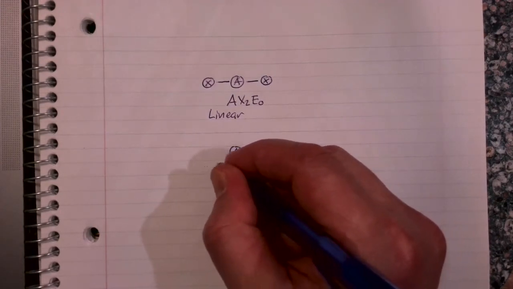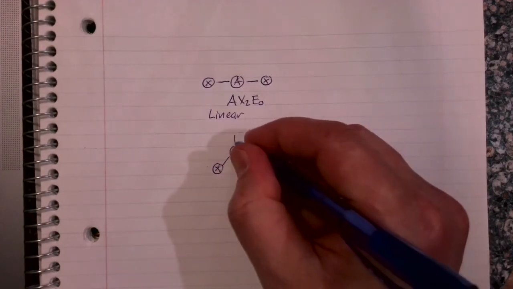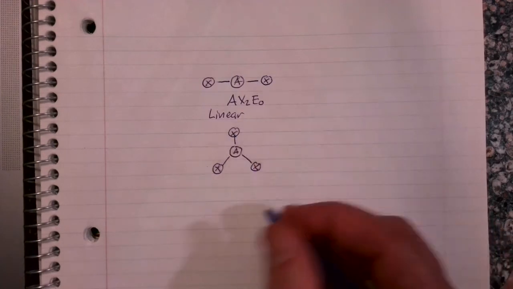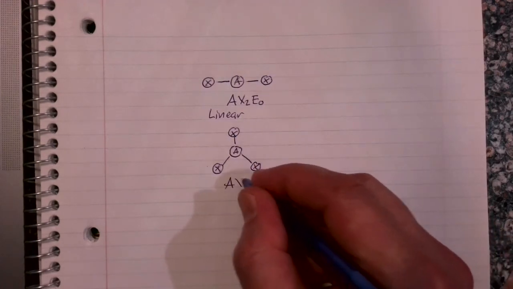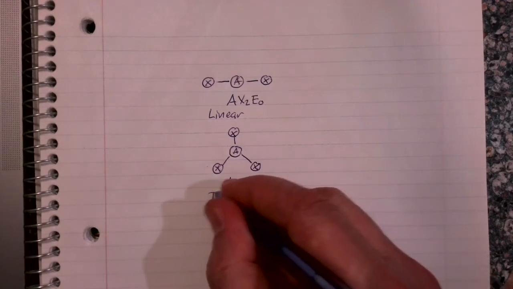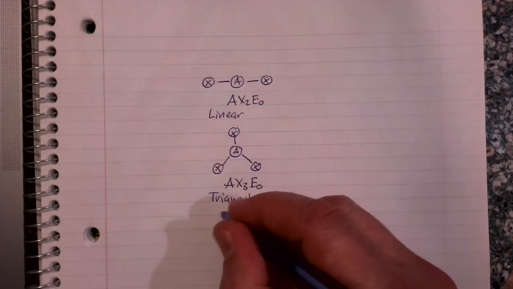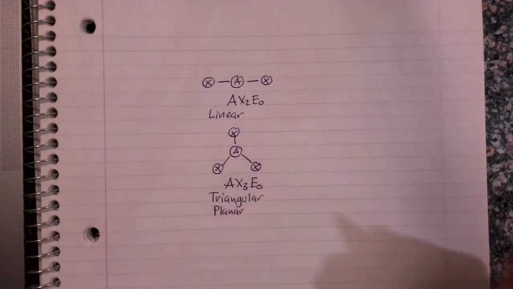If I have 3 things symmetrically arranged, I have my triangular planar arrangement. So this would be our AX3E0, and that's triangular planar. Right, flat triangle.